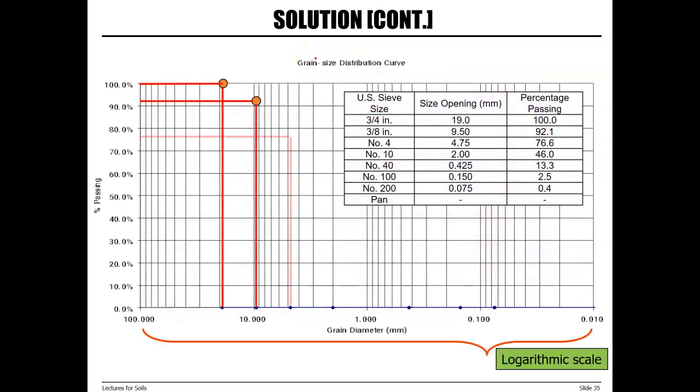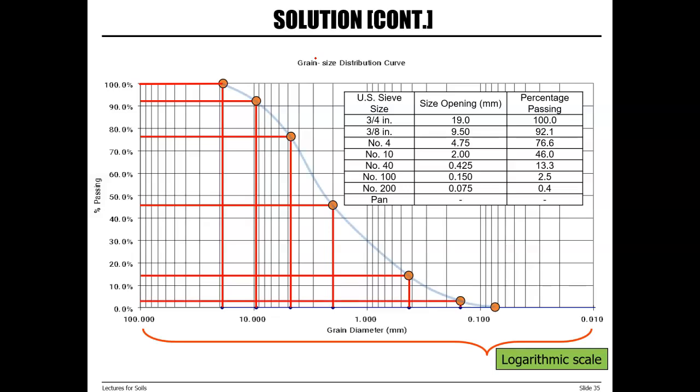And we can draw our grain size distribution curve. So these are the sieves that we selected, the corresponding opening size, and the percentage passing for each opening size. Data points 1, 2, 3, 4, 5, 6, 7 sieves that we selected.